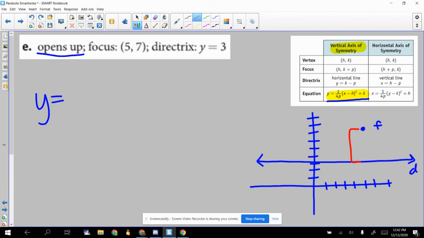So if this one is at 7, the focus, and this is at 3, there's 4 in between them, so we just need to move down 2 and up 2, and that's where your vertex is going to be. Does that make sense? So it's just really the midpoint, or right smack dab in the middle between those.